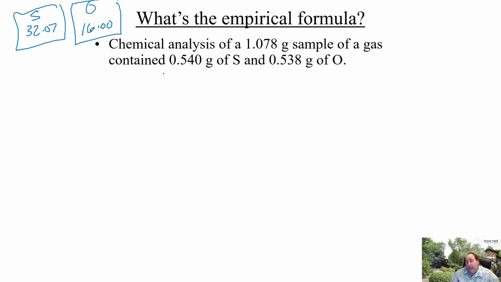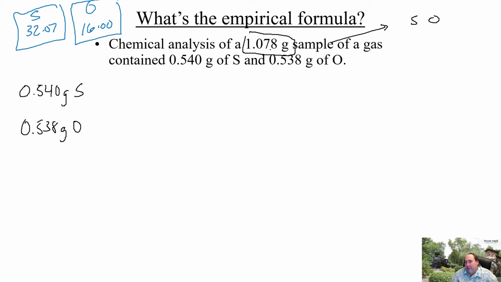Okay, so let's take a look. We also want to do a similar thing here. We already have everybody in grams, so we do have 0.540 grams of sulfur and 0.538 grams of oxygen. You may be saying, what do I do with this number? Well, this number represents the sample of the compound that is 1.078, and it should be made up of sulfur and oxygen only.